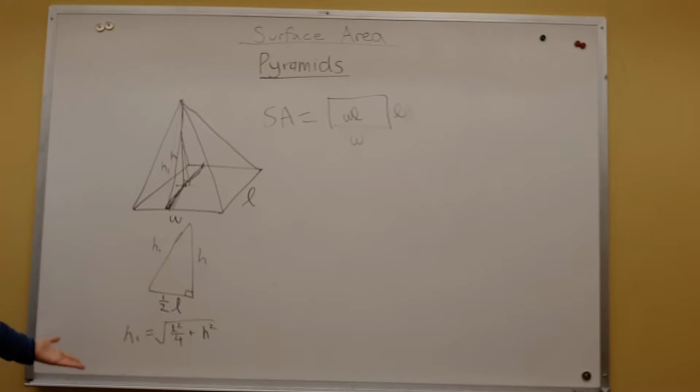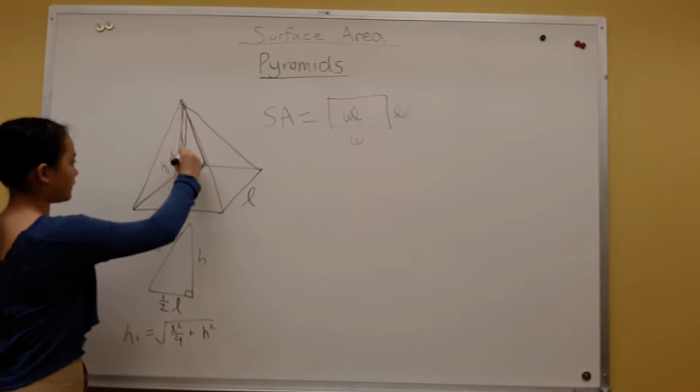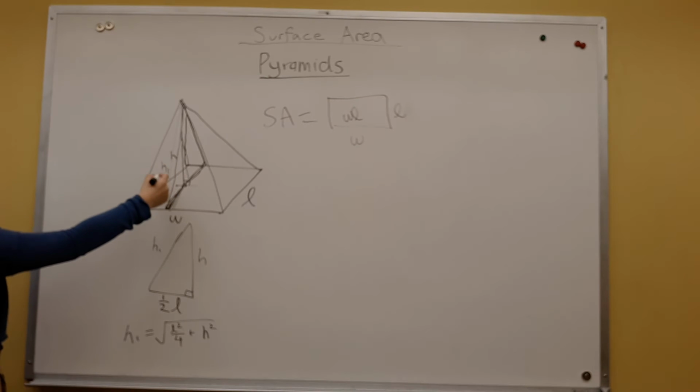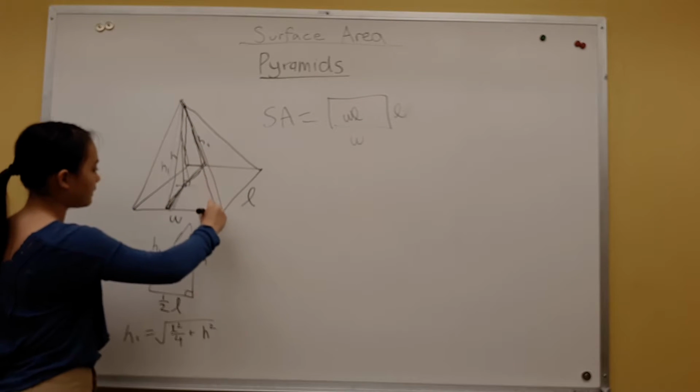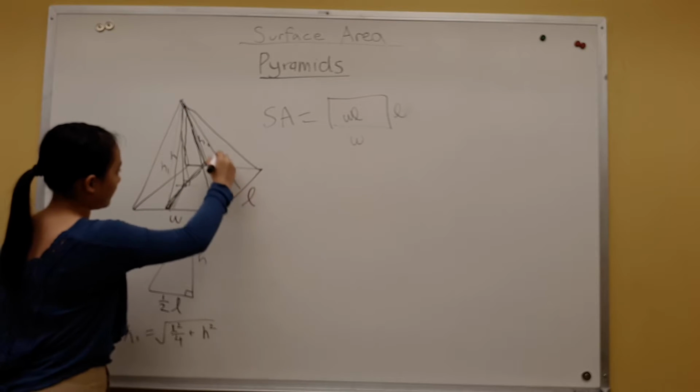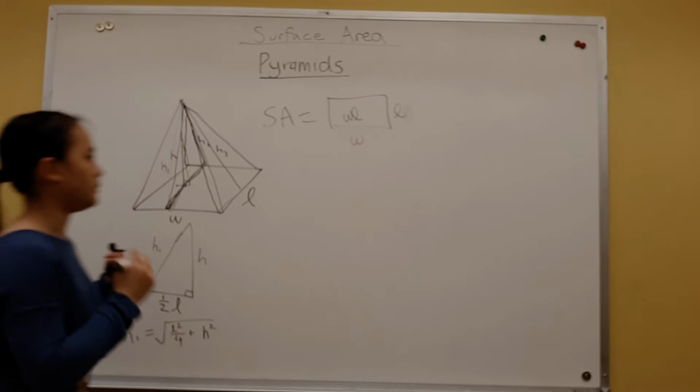You could do the same with all the different sides of this rectangle, and you'll notice that right here, this side, the side on the opposite side of the side that has h1, also has a height of h1, but the other two sides have heights of h2. It looks a little complicated, but once I draw it, it'll make more sense.